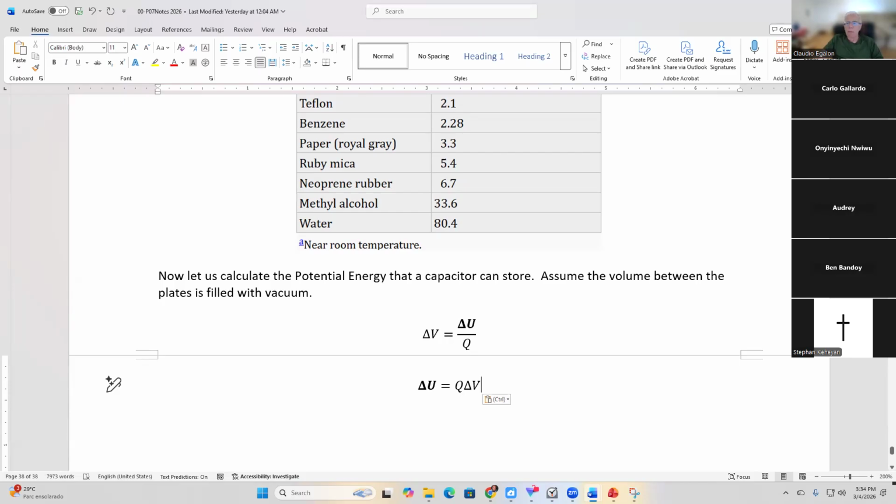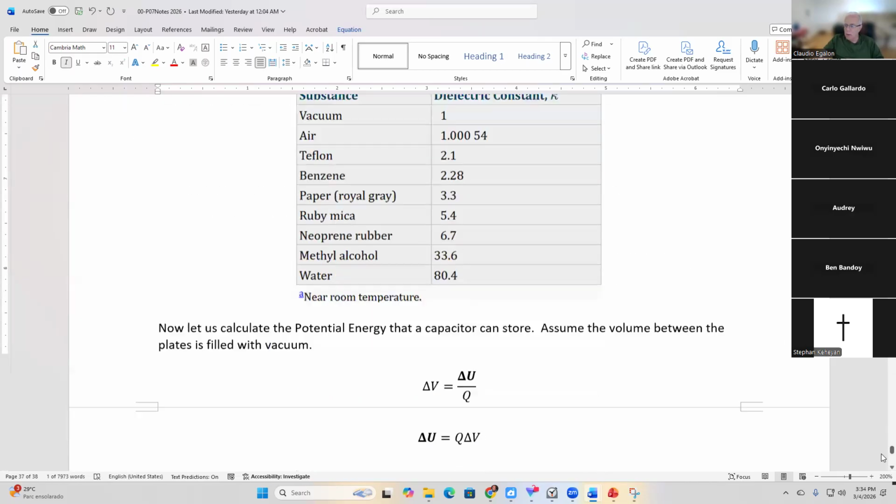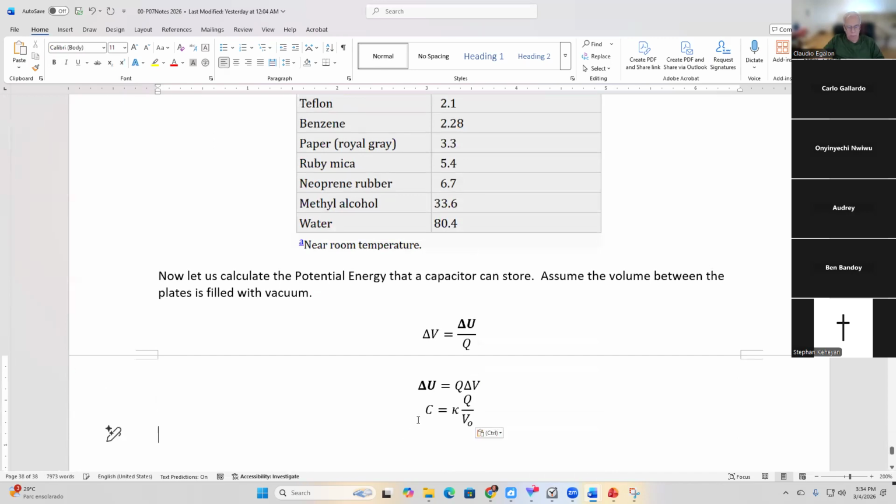In the next step, we are going to get the equation for the capacitance. Since we have vacuum between the plates, kappa is going to be equal to 1, right?